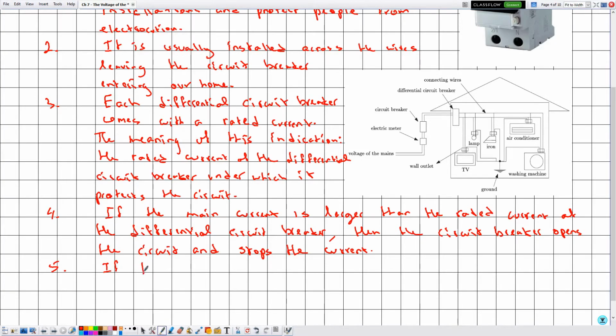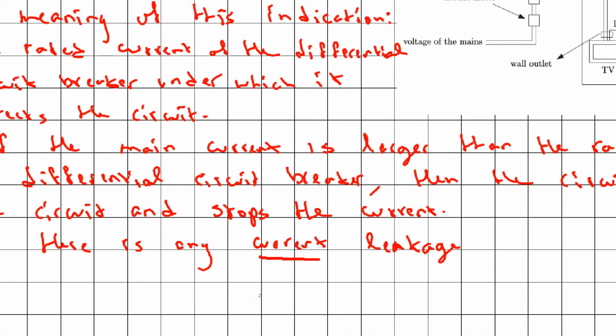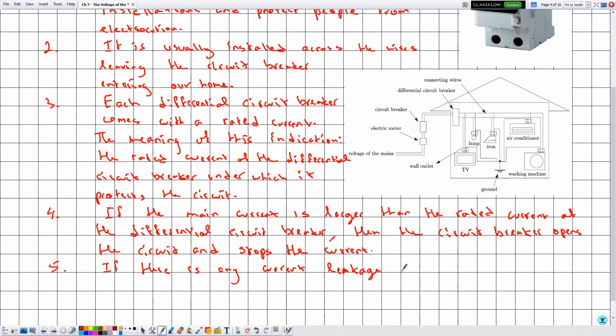If there is any current leakage, now this is a new statement. At this level it's a bit difficult to explain what is meant by current leakage, but think about it as electrocution, which is the process of injury due to electric shock, determined by the differential circuit breaker.